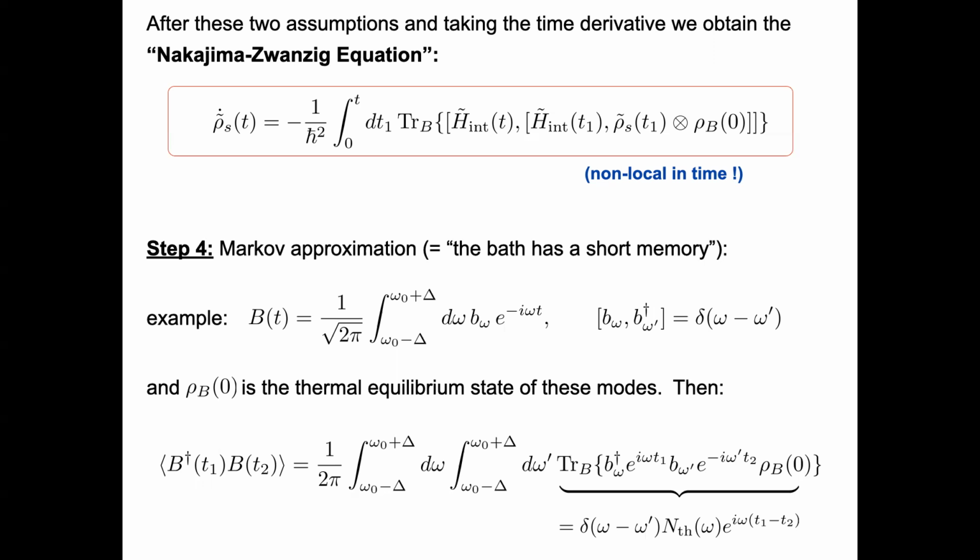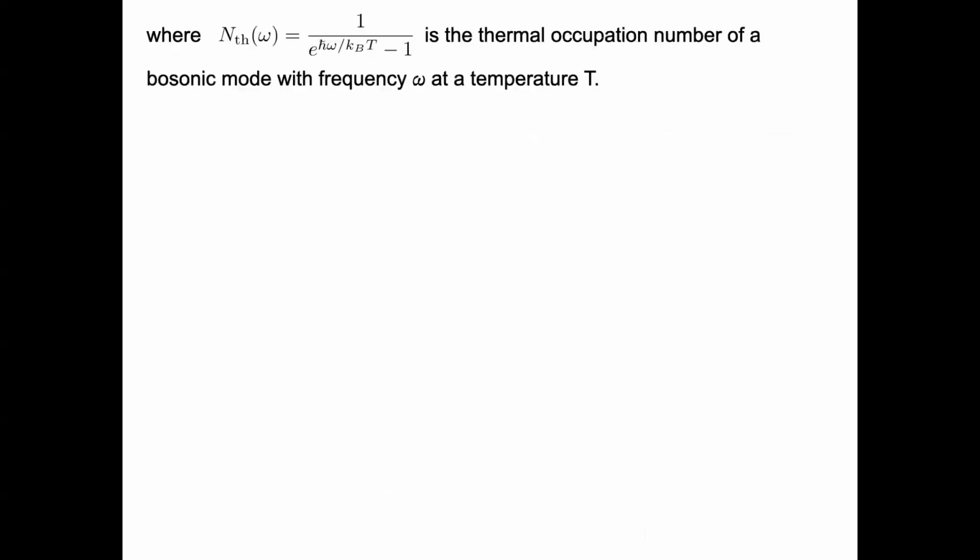So this is essentially what's written here. Now what is this n thermal? Just to remind you, a single mode in the thermal equilibrium state has a mean occupation number given by the Bose-Einstein statistics: 1 over e to the h bar omega over k_B T minus 1.